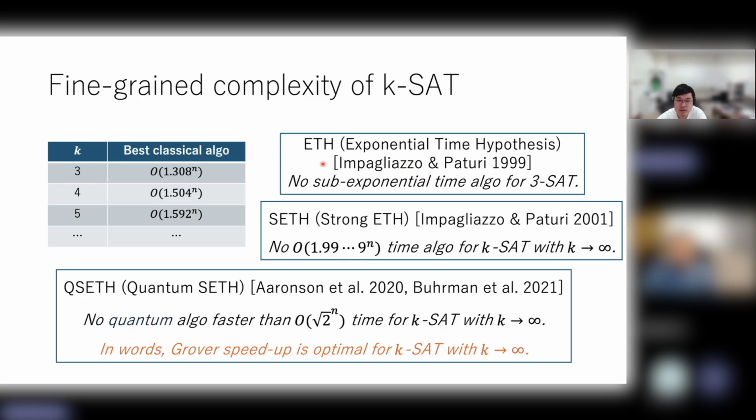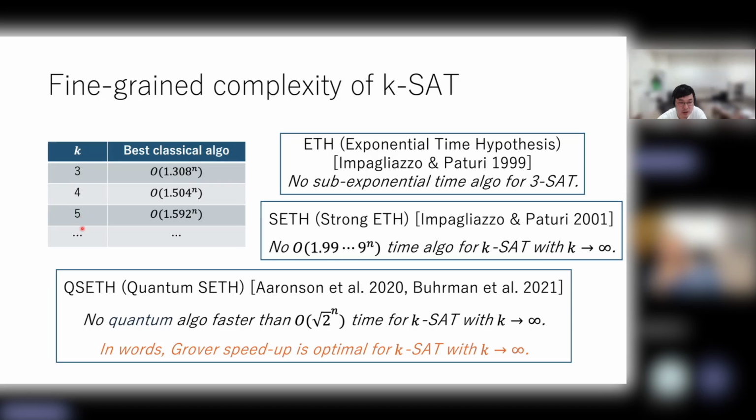ETH, or the exponential time hypothesis, is a conjecture that there is no sub-exponential time algorithm for 3SAT. We could improve this number, but no sub-exponential time algorithm. That's the conjecture. And SETH, or strong ETH, is a conjecture that 2 to the n time algorithm is optimal for large k.